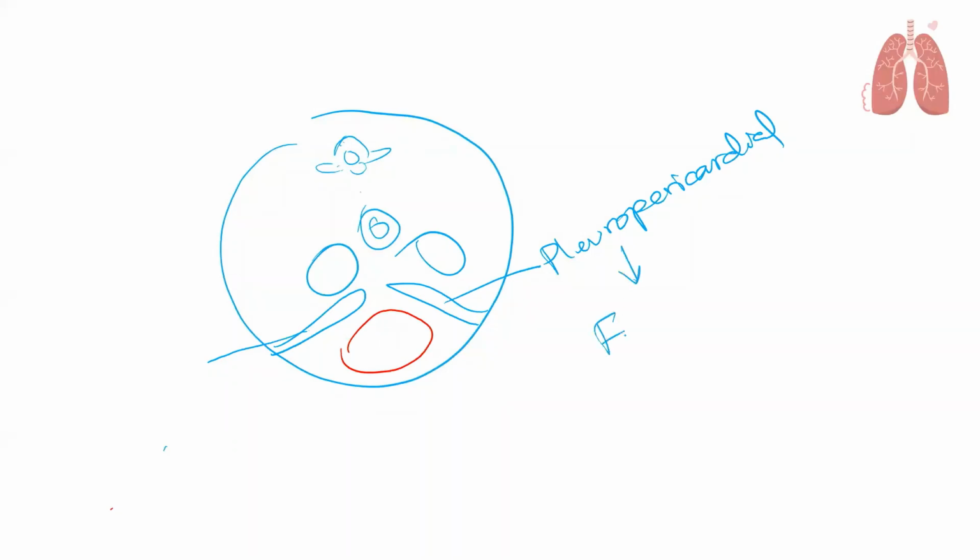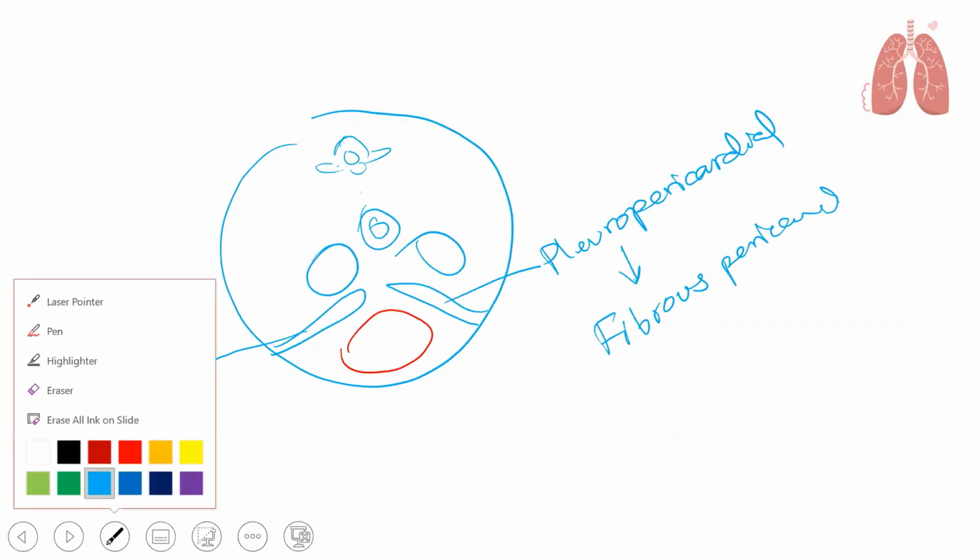And between these two, you have two layers forming called the pleuropericardial folds. These folds separate the pleural cavity from the pericardial cavity, and these later form into the fibrous pericardium. Right? About the pleuroperitoneal membranes, we will see when we see the development of the diaphragm.